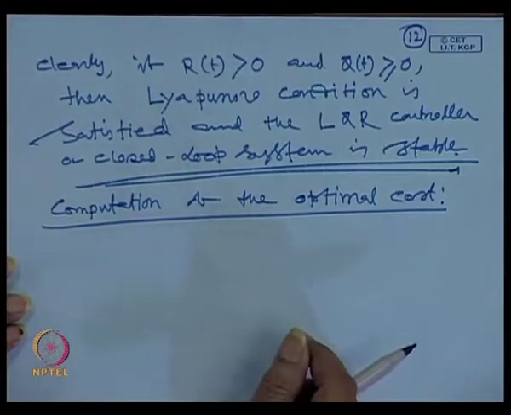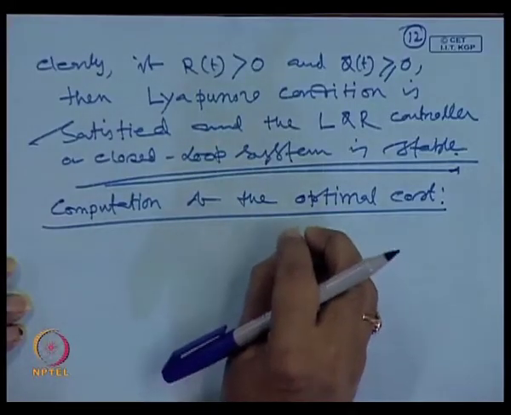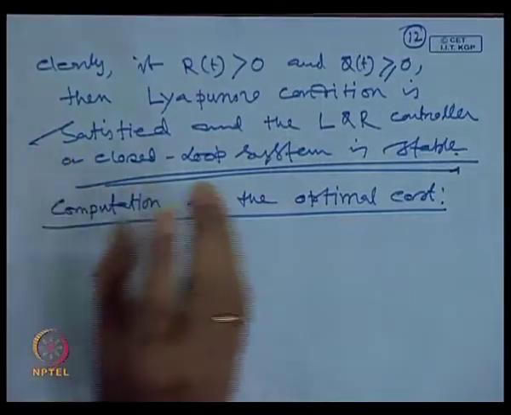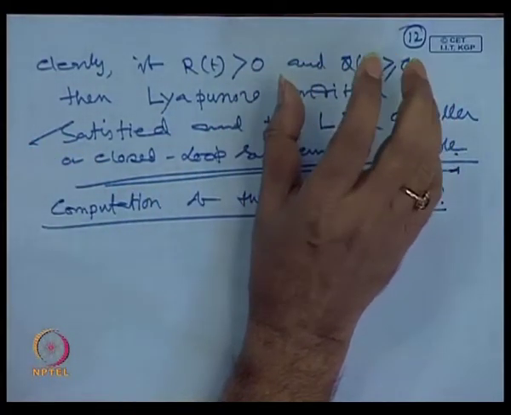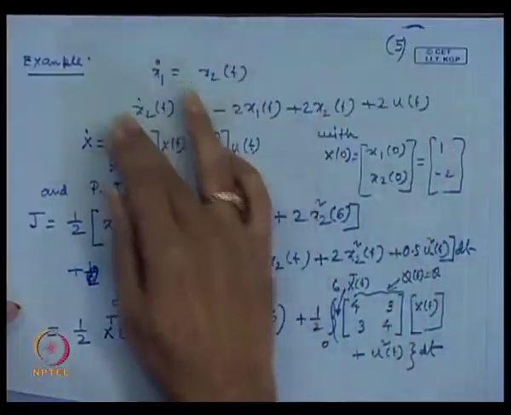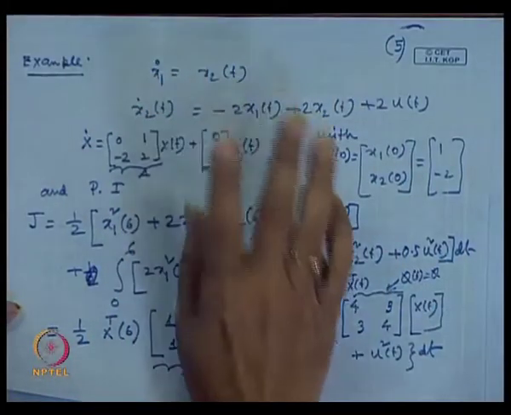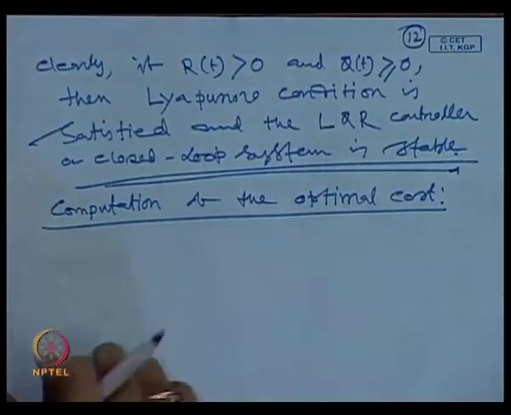Since we have got our control law u of t, it must satisfy our objective. The statement of the problem is: design a controller u such that the performance index we consider will be minimized. Find a control law u such that the performance index is minimized, and this u must satisfy its own dynamic equation. That means it must satisfy the constraints.